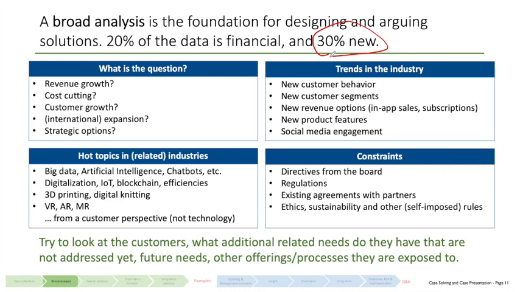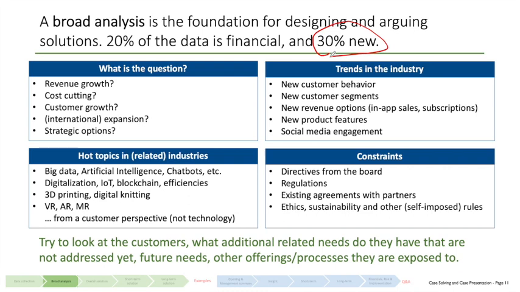Yes, also new revenue options like in-app sales, subscriptions. We see subscriptions on smartphones for digital offerings. Maybe we can take that idea into our non-digital offering. Of course, it requires some creativity and some conviction how we can do that.